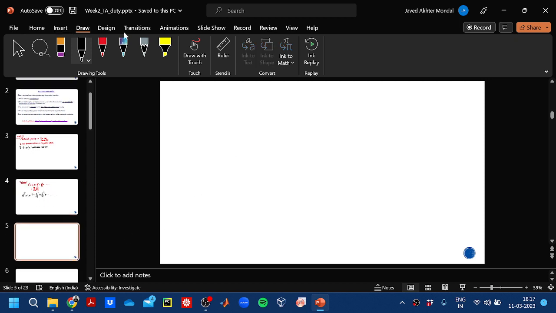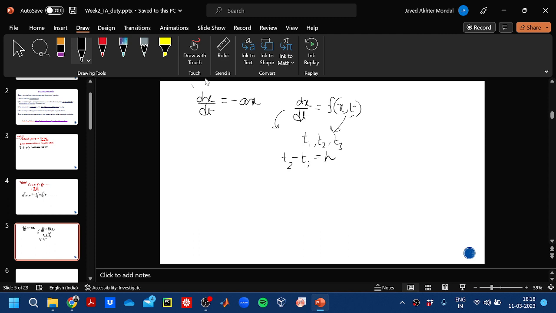Suppose we have a differential equation of this kind: dx/dt equal to minus ax. Or any kind of differential equation, I can write dx/dt, which is a function of x and t. Now if we want to solve this numerically, then we have to discretize the time. So the time will take values t1, t2, t3, and in this way, and the time step we can take as h.